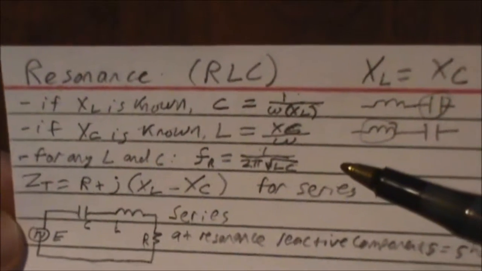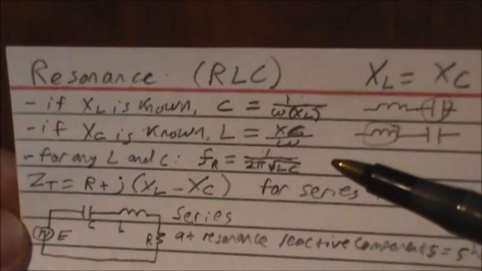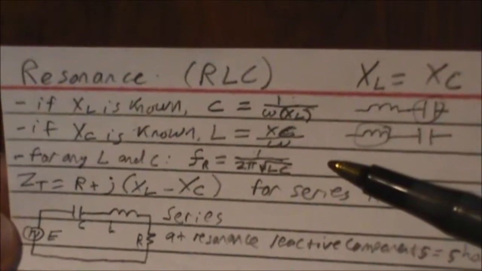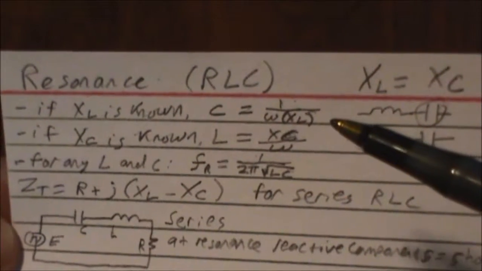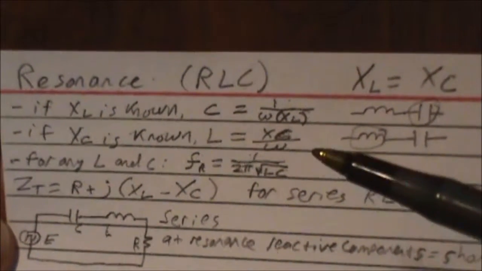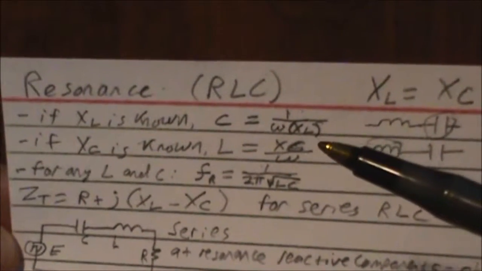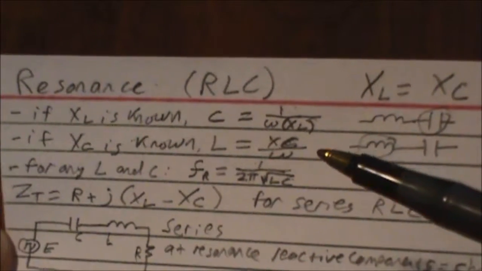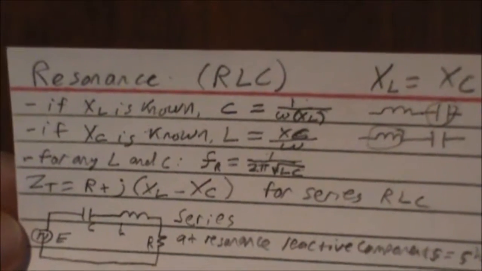So this means if you want to build a resonant circuit, then just pick one to start with, either a capacitor's known value or an inductor's known value, and then solve to know how much inductance or capacitance to use for the other part.